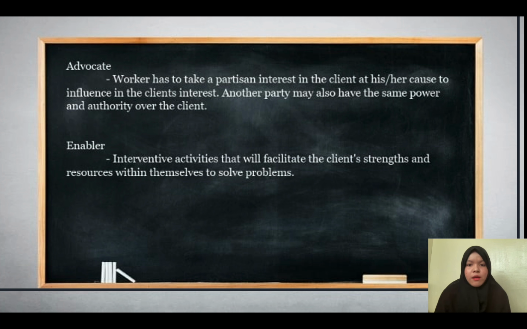So now let us proceed to the enabler, the last. So enabler is interventive activities that will facilitate the client's strength and resources within themselves to solve problems.